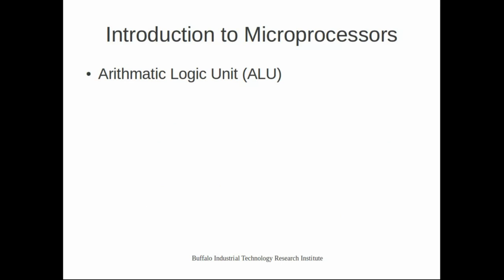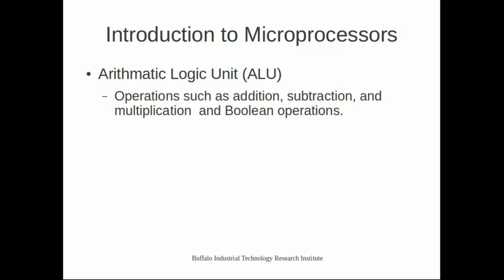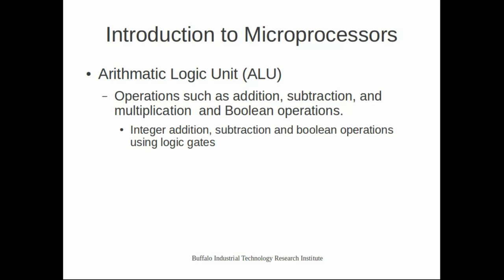Modern processors have an arithmetic logic unit which performs operations such as addition, subtraction, multiplication, and division, and also Boolean operations. These operations are carried out using logic gates and adder circuits, which we saw in an earlier video. Integer addition and subtraction are carried out using adder circuits, and Boolean operations are carried out using logic gates.